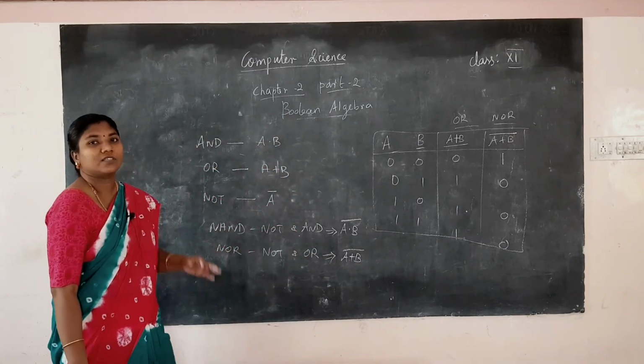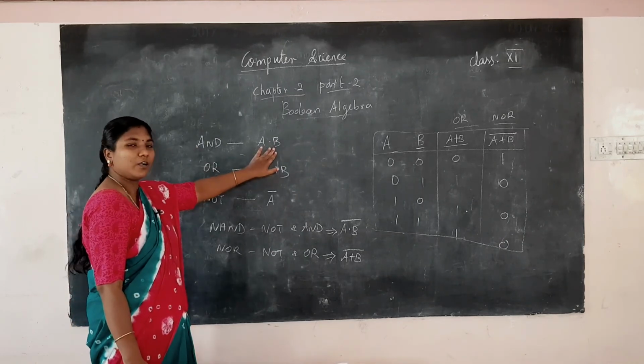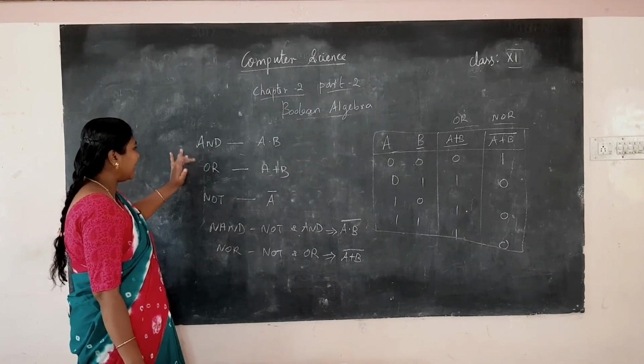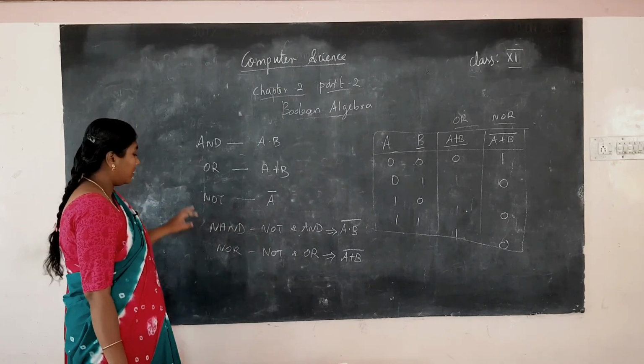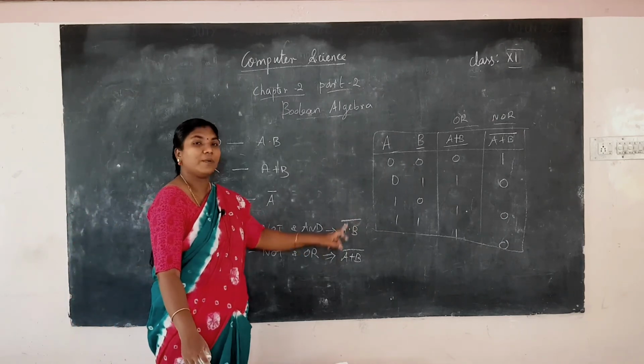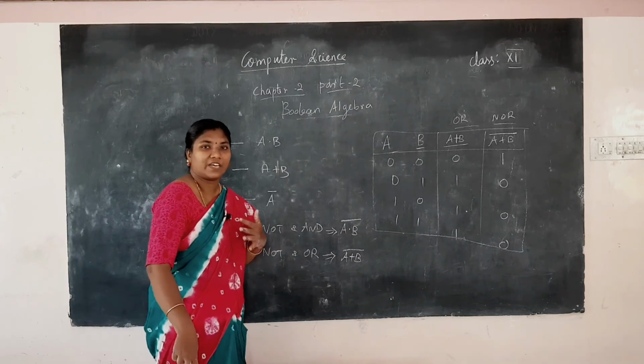So 3 logical gates, AND, OR, NOT, with the expressions A dot B, A plus B and A complement. When AND and NOT combine we get NAND, and when OR and NOT combine we get NOR. So these 5 logical gates we have seen today.